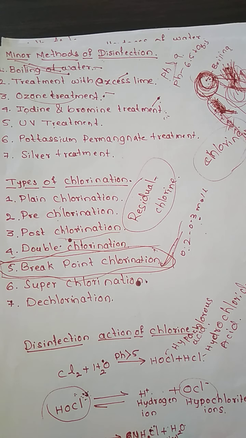The reason why we cannot use them for community supply is this: suppose this is your source of water. If we apply one of these methods, for example boiling, and it applies to all the other methods as well, when we boil the water, the microbes get killed.